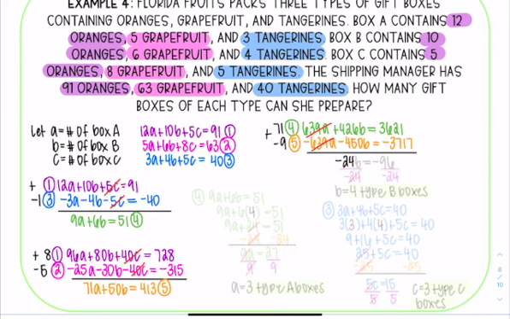And when I divide both sides by -24, we get that B is equal to 4. So that's 4 type B boxes.